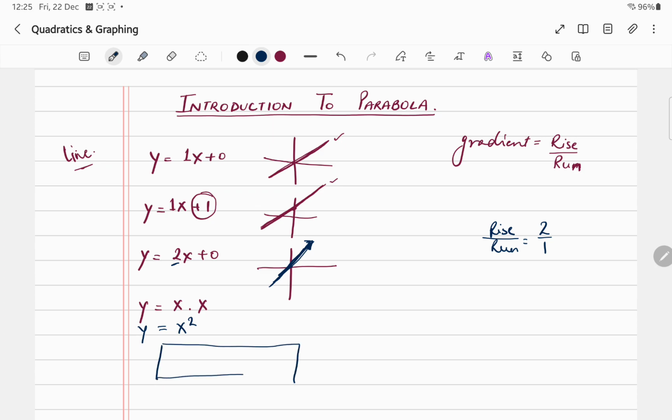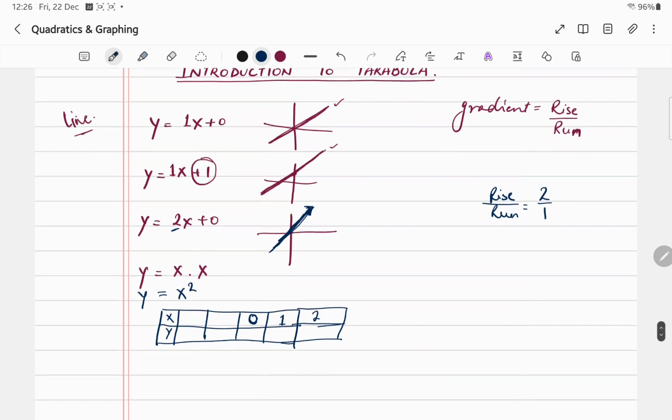That way, when we plot those values, we can find the graph. So x and y, we can put as many values as we want. Let's start with 0, 1 and 2. Let's have positive values. I'll tell you why I left the two boxes empty, so just hang in there.